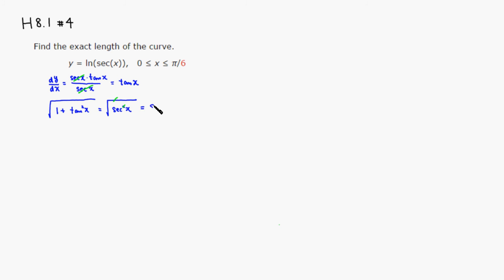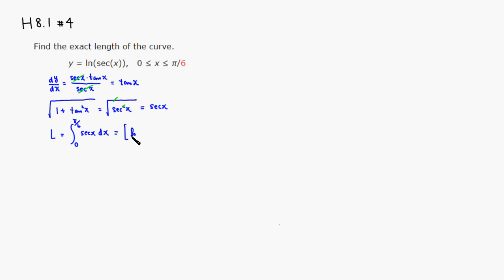So you just get secant of x, right? So the arc length L is going to be simply the integral from 0 to pi over 6 of secant of x dx, right?